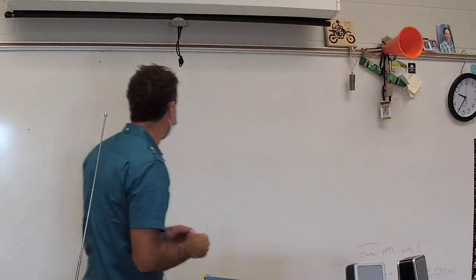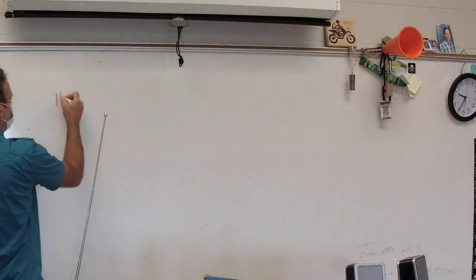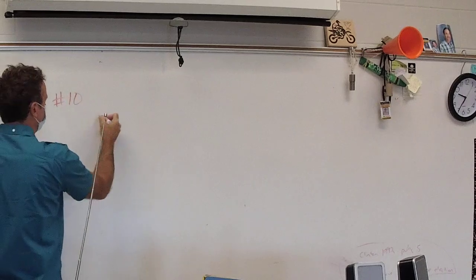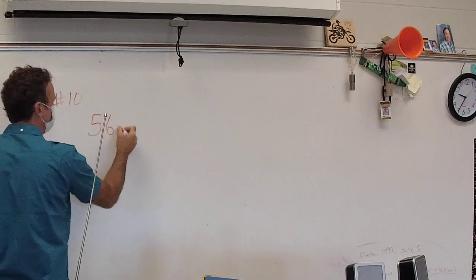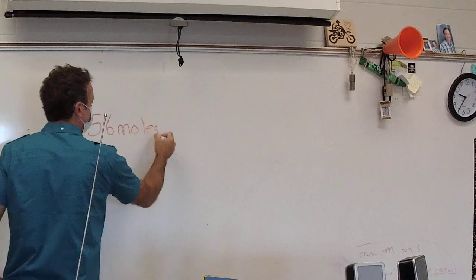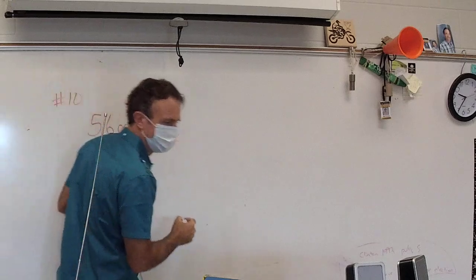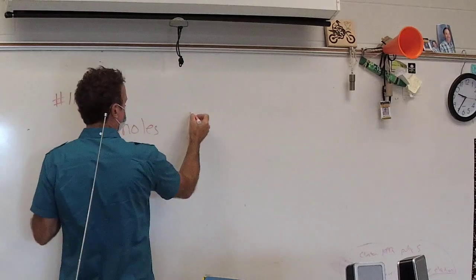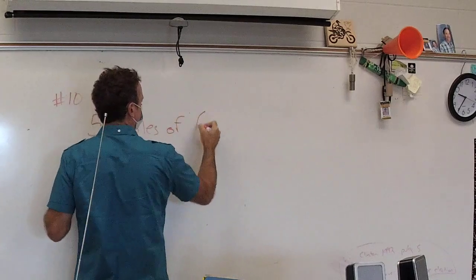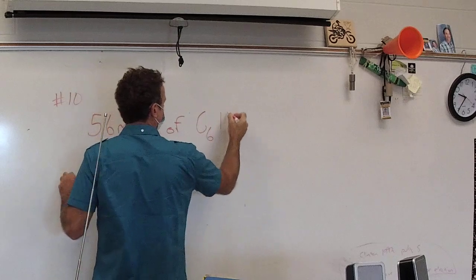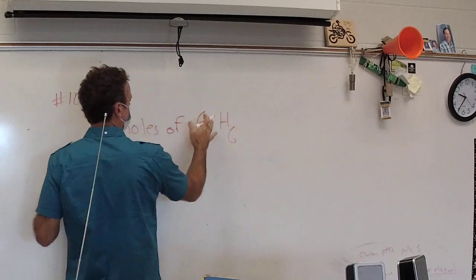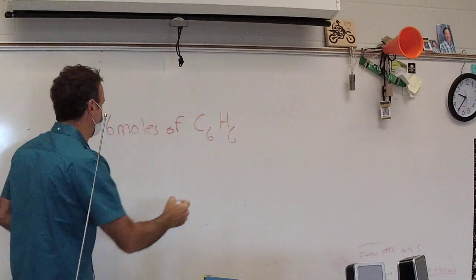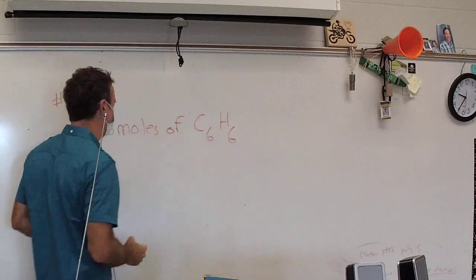Number 10 says we have 5.6 moles of C6H6. That's a pretty terrible looking C. That one even bothers me. There we go. We have 5.6 moles of this.